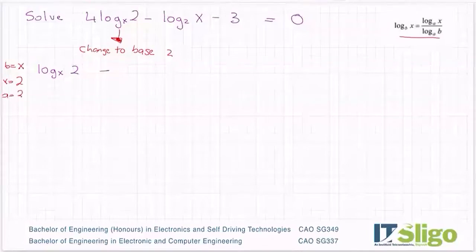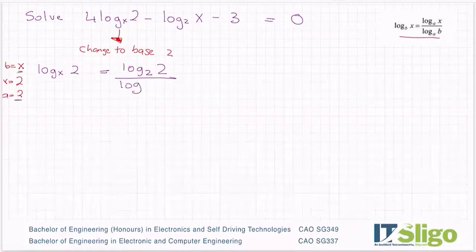So it becomes, and I'm just subbing into this formula here, log to the base a of x. I'm just following these. There's my 2 and my 2 over log to the base 2 of x.